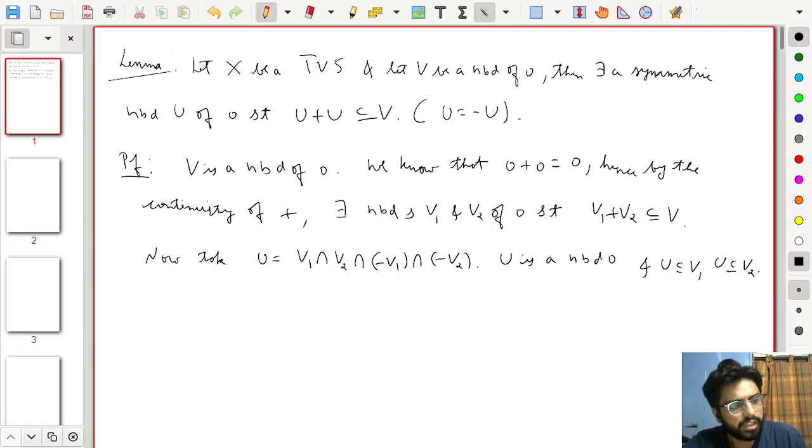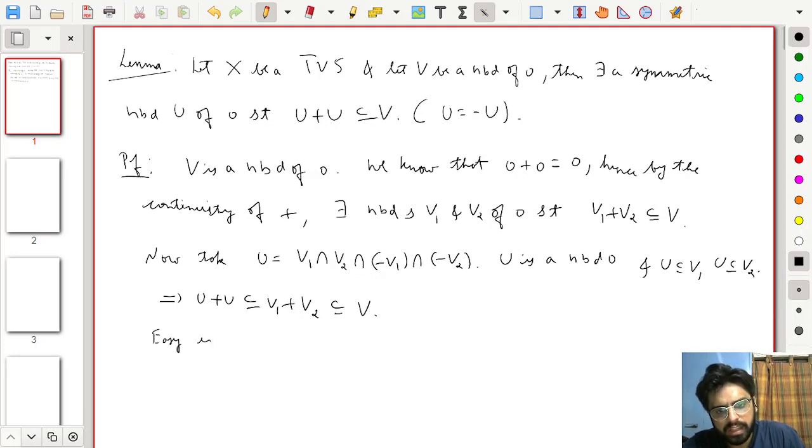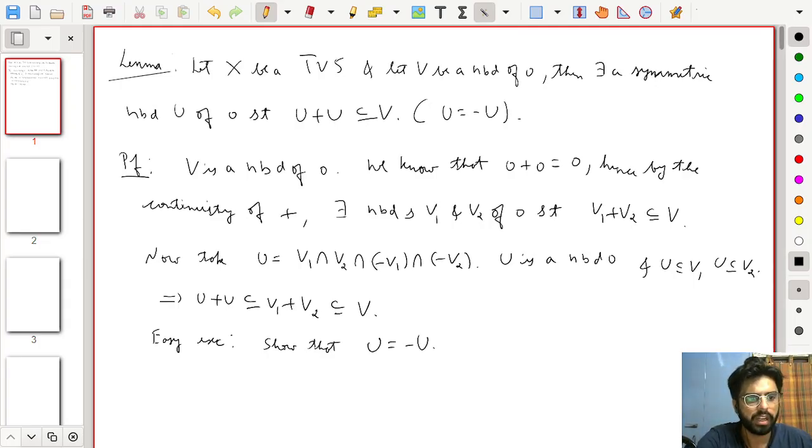This implies U plus U is contained in V1 plus V2, which is known to be contained in V. An easy exercise shows that U is equal to minus U. This is very easy. You can do this at home.